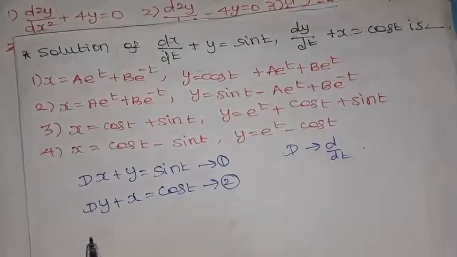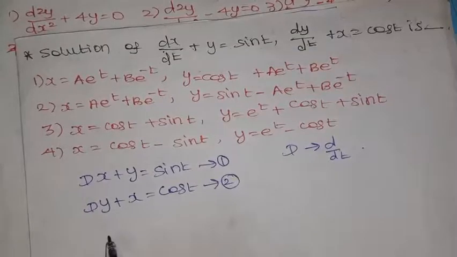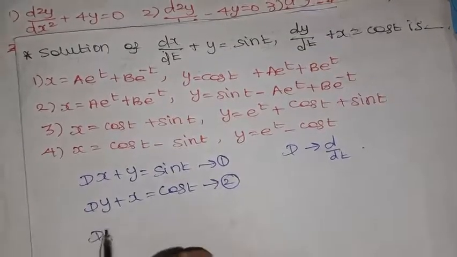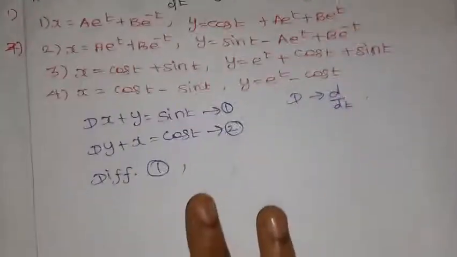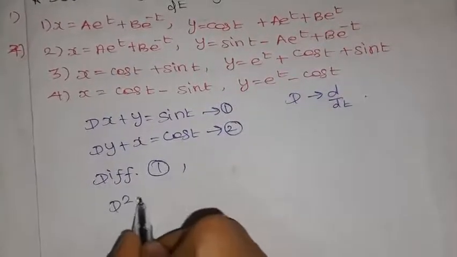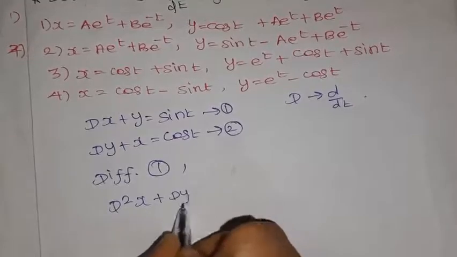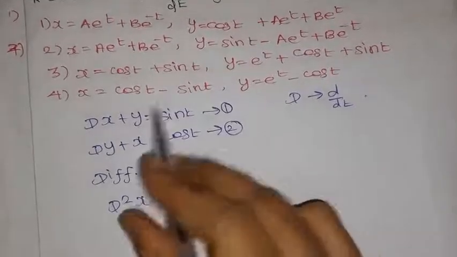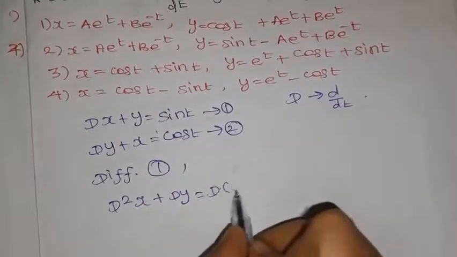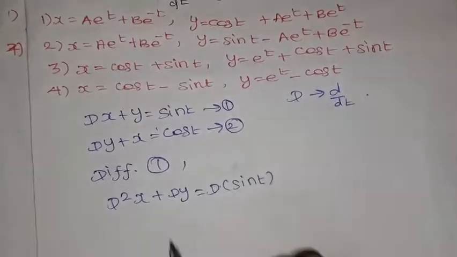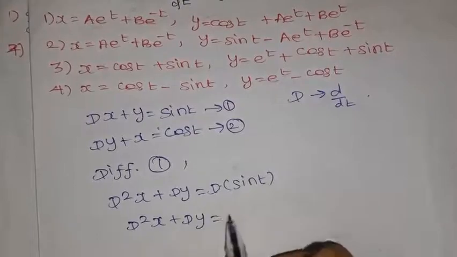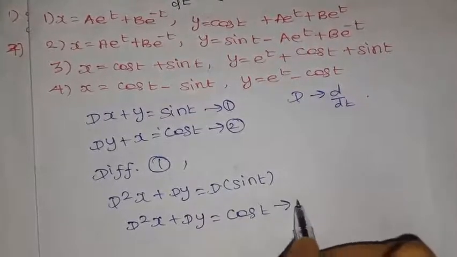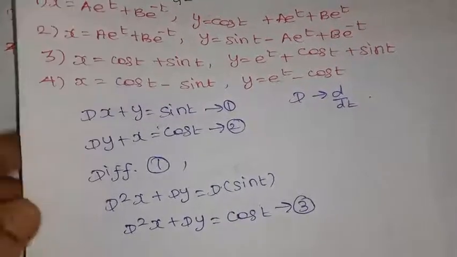First we should differentiate equation 1. Differentiating equation 1, what will we get? D squared x plus Dy equal to differentiation of sin t, which is cos t. Say it is equation 3.